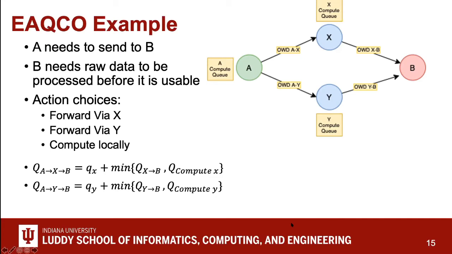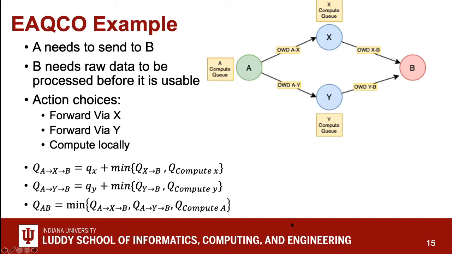So then the queue table, for forwarding from A, becomes the cost to forward to X, plus the minimum cost between X forwarding to B or X computing, and same with Y. And then the decision process is A has to decide when forwarding to B whether to forward to one of the two routes or actually compute it locally.